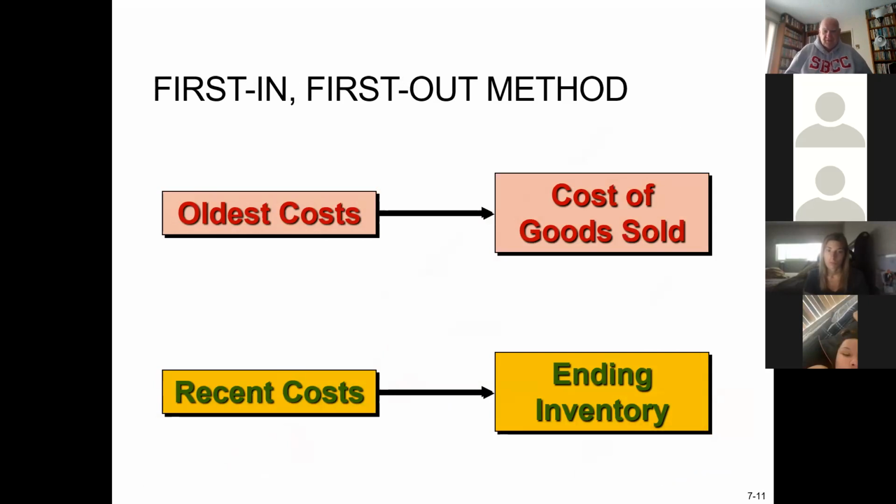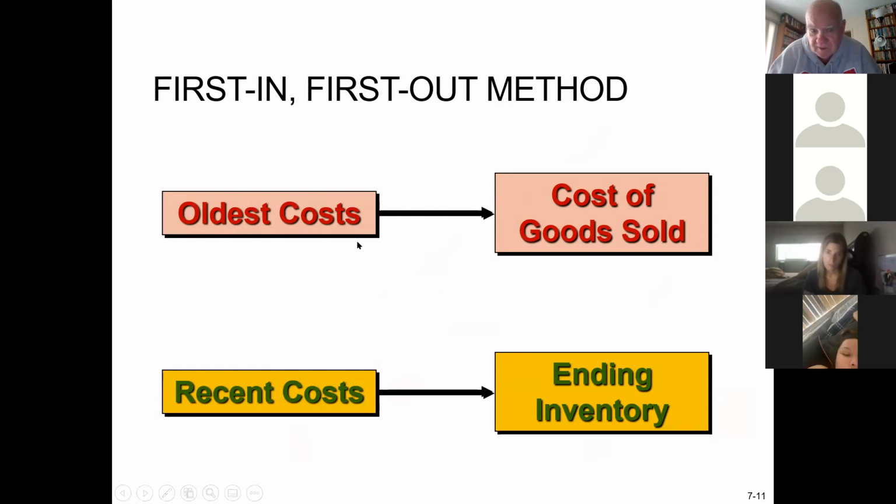First in, first out. Here's a little grid, little tiny grid. First in, first out. The oldest costs represent the items we're selling. We sell the oldest ones first. So oldest costs are going to end up in the cost of goods sold.